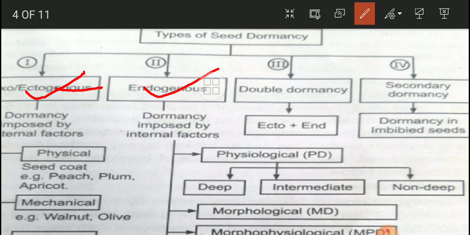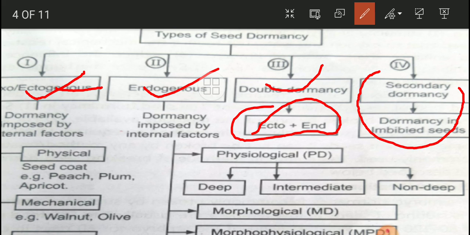Endogenous means internal, and double dormancy is dormancy because of both ectogenous and endogenous conditions. The last one is secondary dormancy, which we find in imbibed seeds. Although conditions are favorable, secondary dormancy is there.